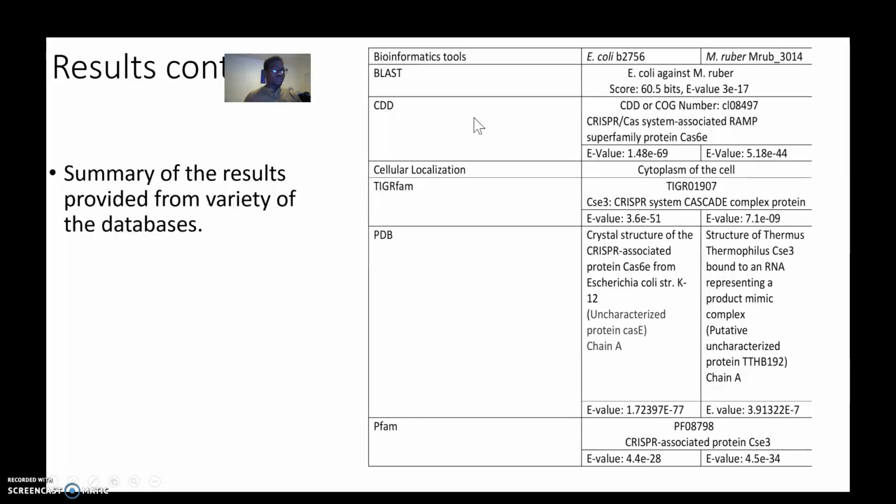Again, in both cases, they belong to chain A, and the most crucial information from this was that they have a lower E value, again indicating that they're similar.